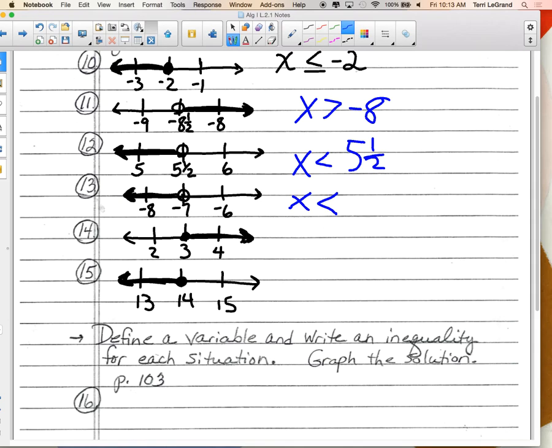Did I make any of my number lines wrong, by the way? We compare. Did I copy them from the book correctly? Couple more.